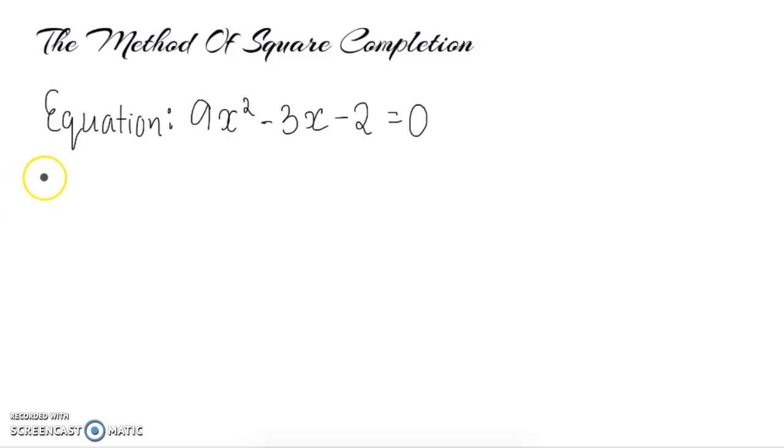So our first step is to divide the whole equation by a. The reason we're doing this is so that we can isolate x squared, so we can solve this quadratic equation.